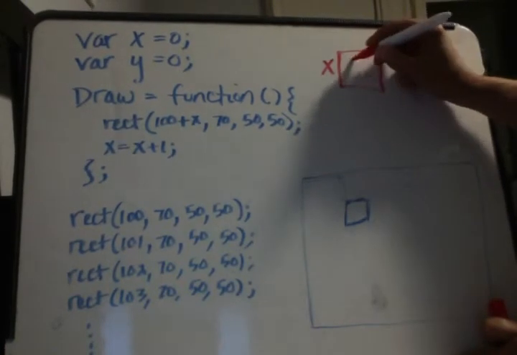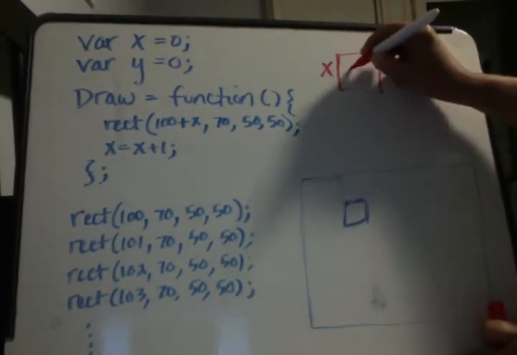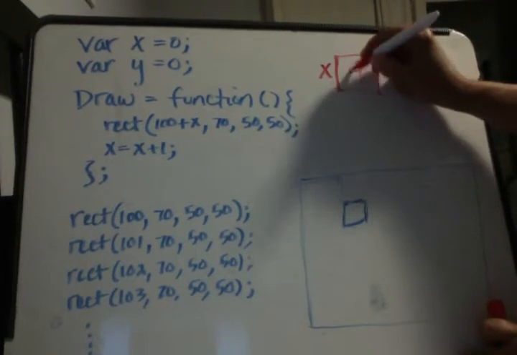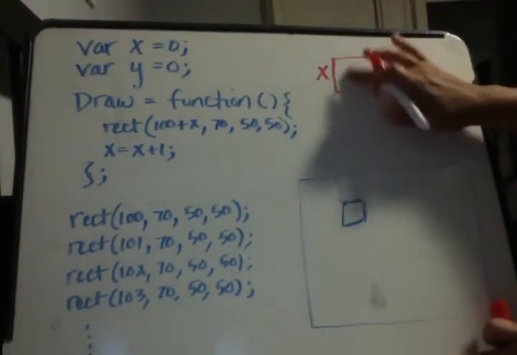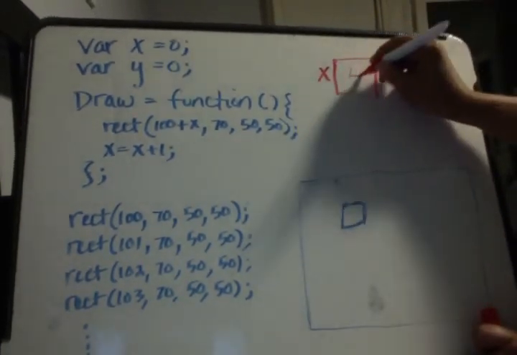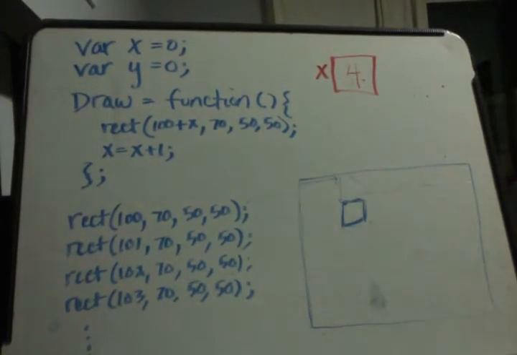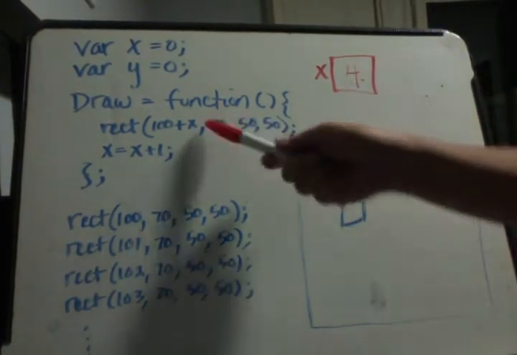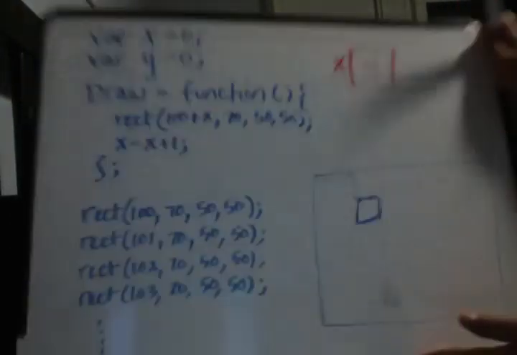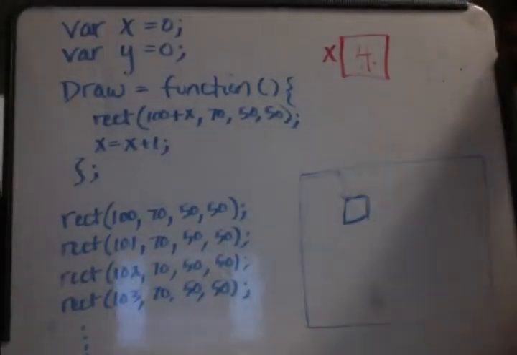And it continues on and on. The next statement would be rect 100 plus x, and that's going to change it to 104.